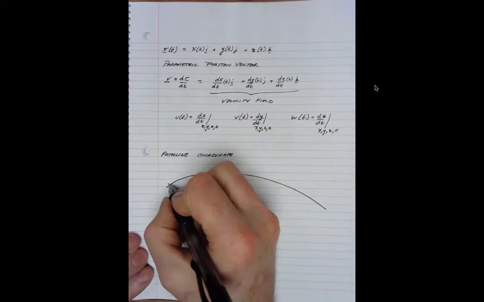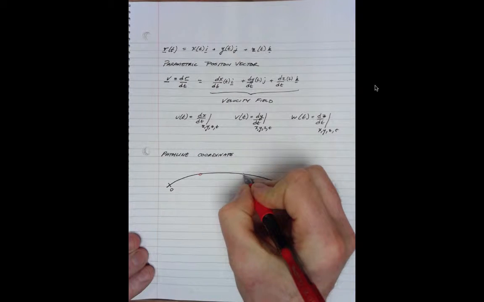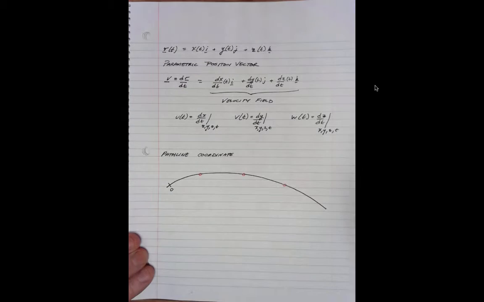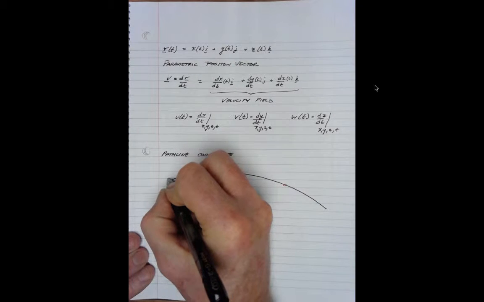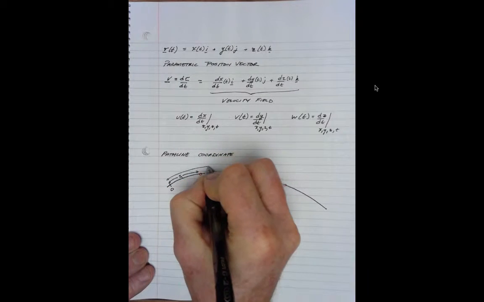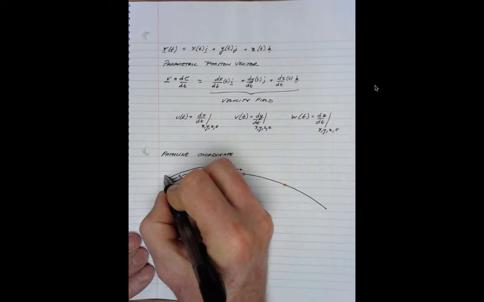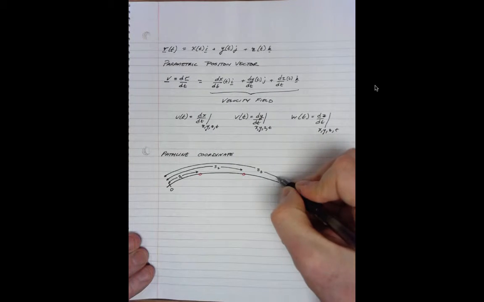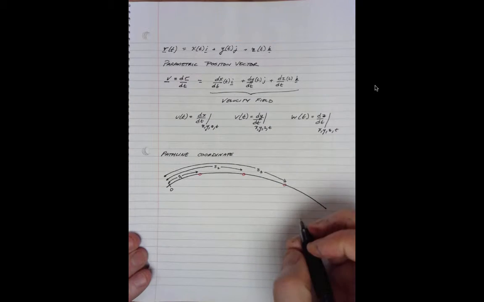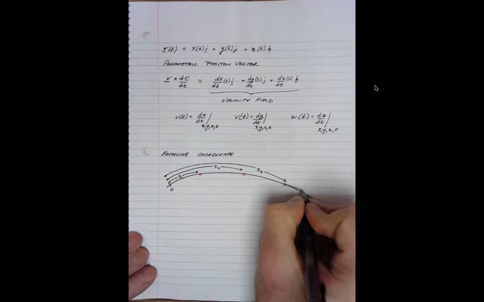And because the particle is going to follow that path, we can instead keep track of distances along the path, so that it'd be S1, S is supposed to represent the arc length function, S2, S3, and so on.